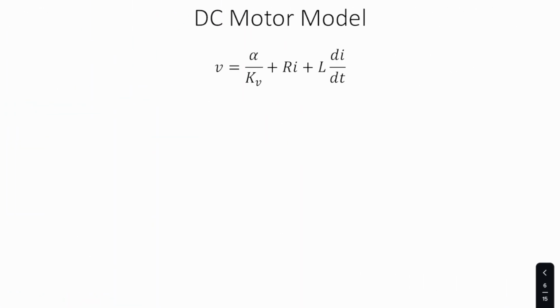A simplified model for our DC motor is given on this slide here. A common way to represent this DC motor is with simple electronic components. So we can have our power supply connected to one side, and this would be the input voltage across those two terminals.